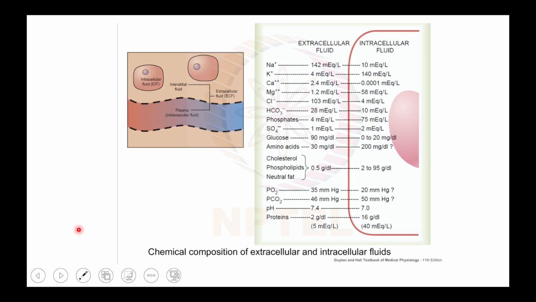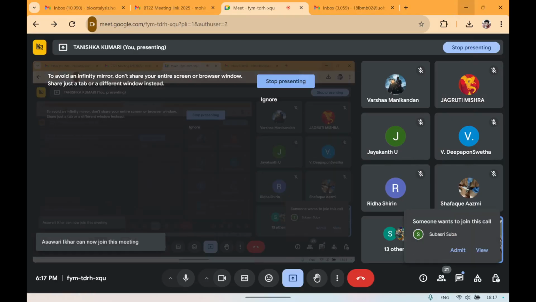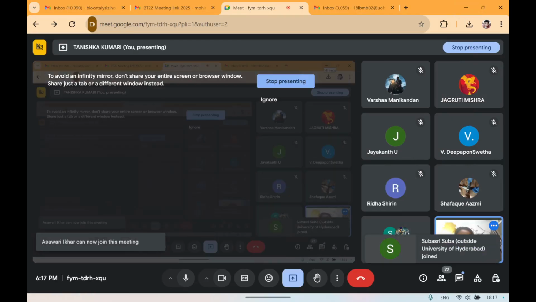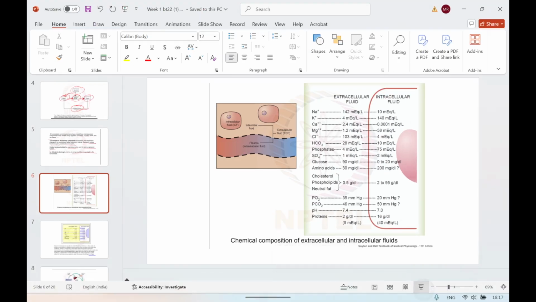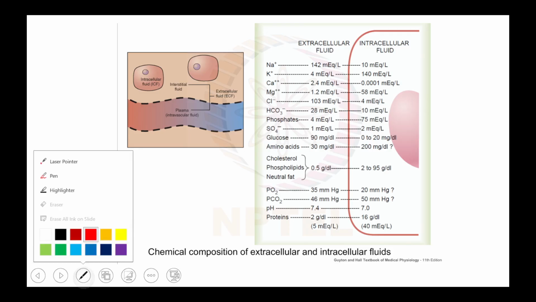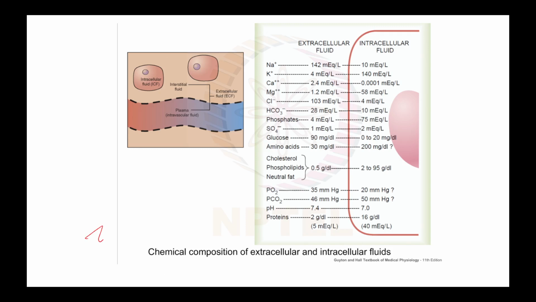Okay, so for example, let's start with the glucose concentration here. As you can see, 0 to 20 mg per 100 ml of the blood.